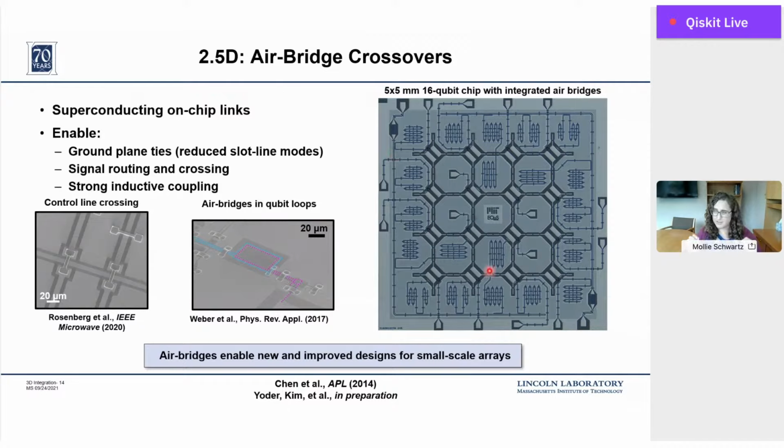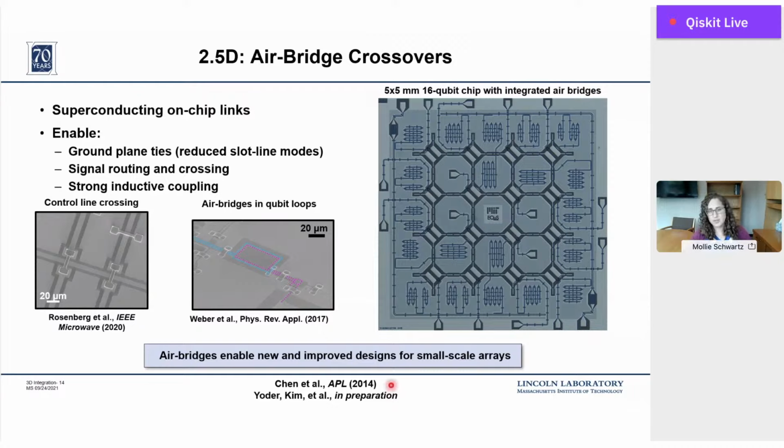And so this is sort of a first level of 3D integration that allows us to route lines over and under one another without requiring full flip chip capabilities. And so this is a really useful capability that is actually even consistent with some of our more advanced 3D integration capabilities. So that's the first step, and that gets us to small scale arrays.